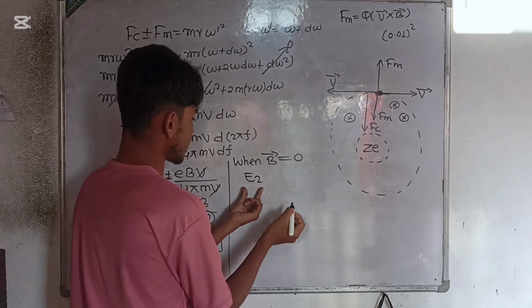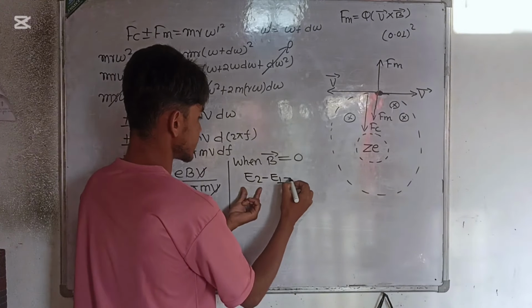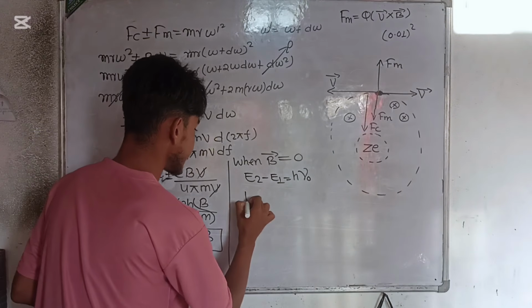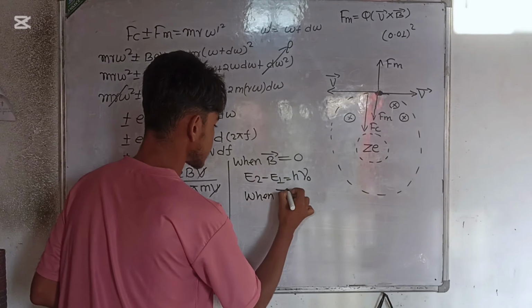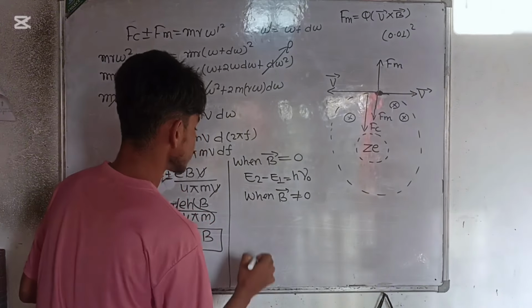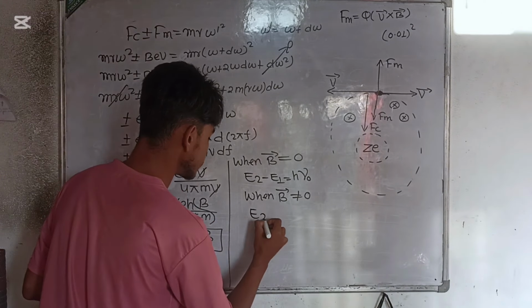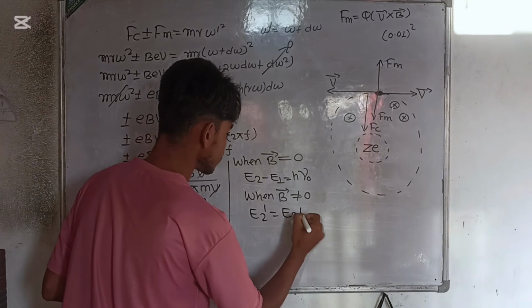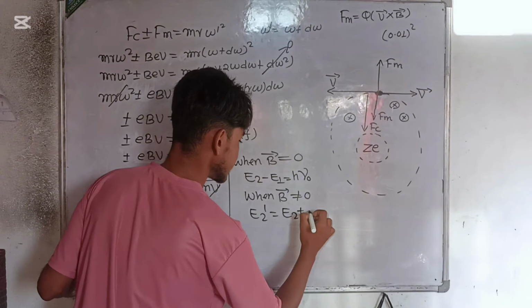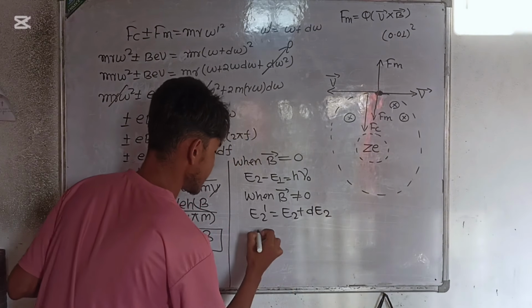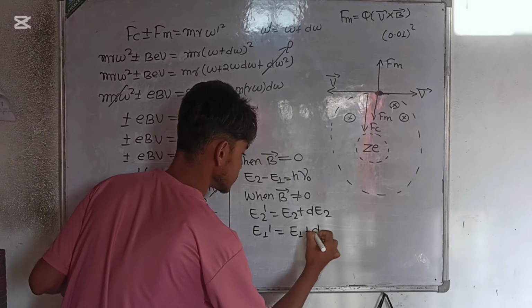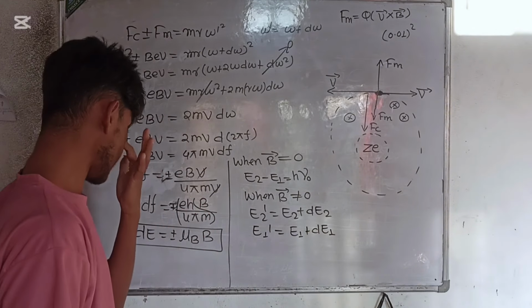Then when an electron jumps from a higher energy state to a lower energy state, it will emit a photon, right? So when B vector does not equal 0, it means we are applying a magnetic field, so the energy will change: E2 dash becomes E2 plus this small shift in energy, that is dE2, and E1 dash will change to E1 plus dE1, right?